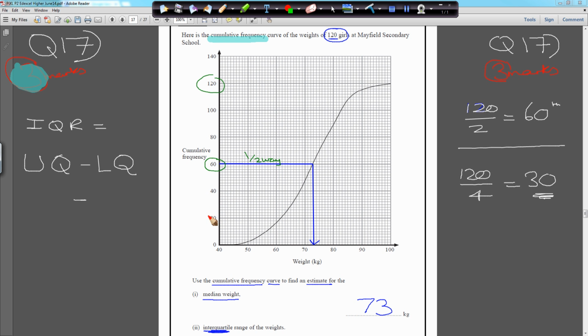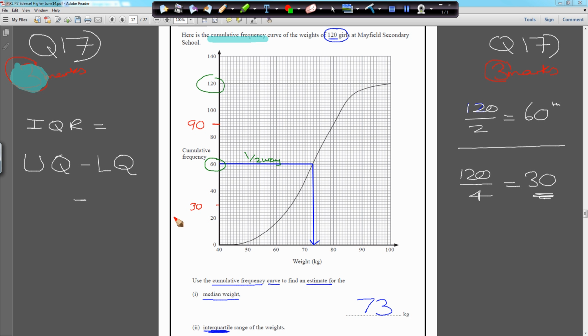The scale goes up by 20 across 10 little squares, so each square is worth 2. We go up by 5 squares to get to 30. I'll put a point here, 1, 2, 3, 4, 5. That's our 30 value. Then 90 is 5 squares up from the halfway value, 60, which is going to be there.